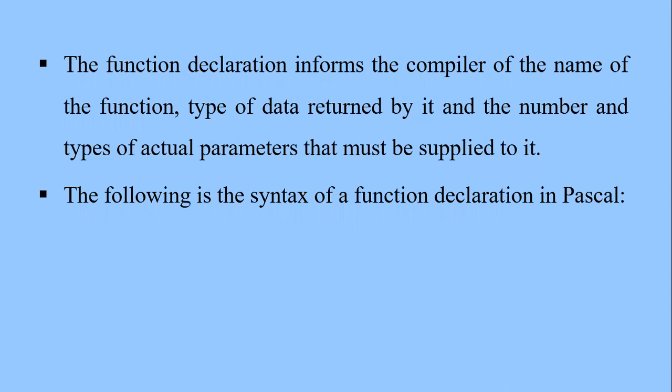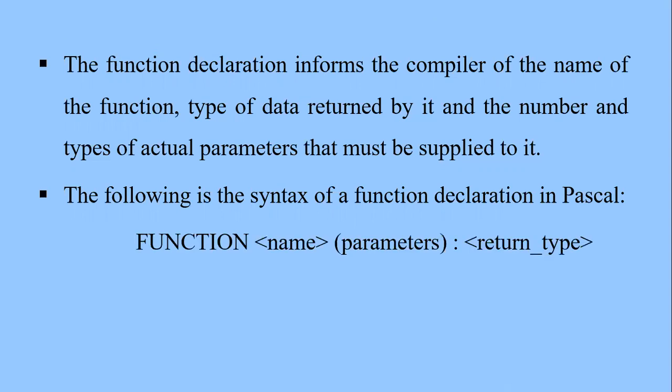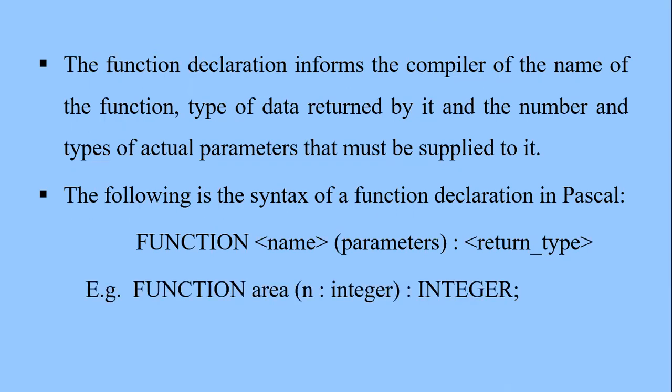The following is the syntax of a function declaration in Pascal. So in Pascal, we use the reserved word or the keyword function, followed by the name of the function, and then parameters and the type that will be returned, the type of the value that the function will return. For example, function area. It is going to receive a single value of type integer.